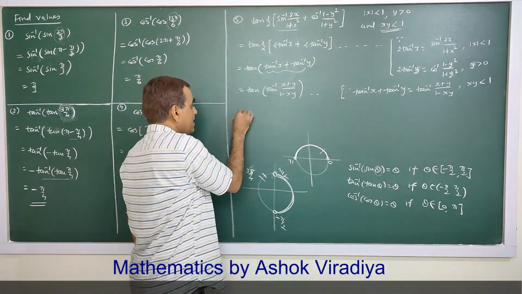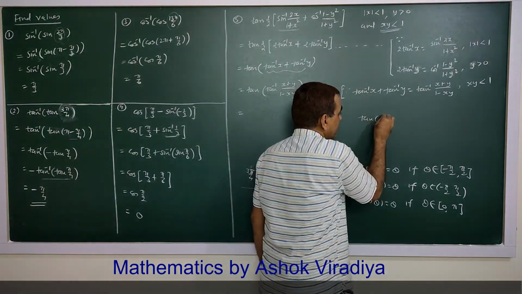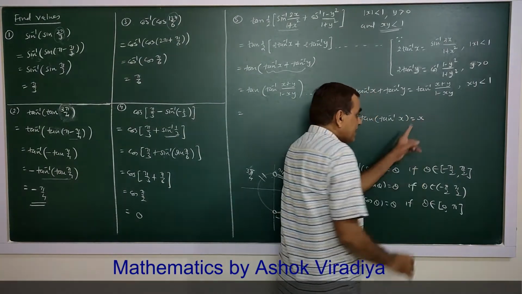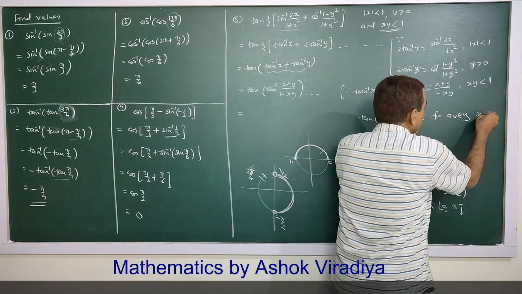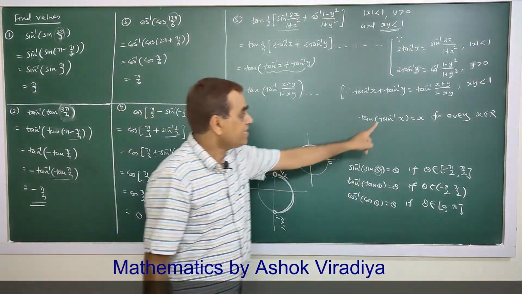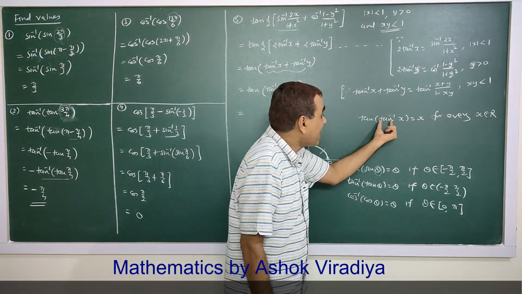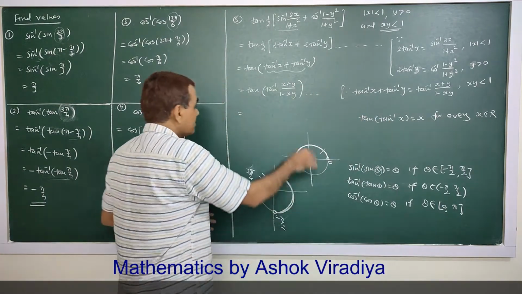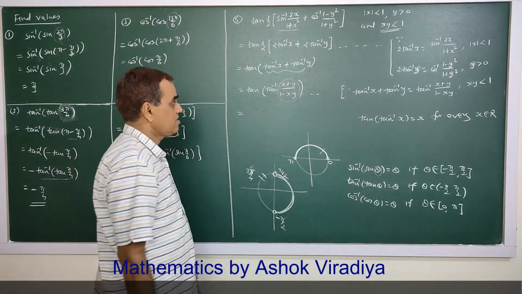Now we have one more result, that tan of tan inverse x equal to x for every x belonging to R. For every x belonging to R, tan of tan inverse x is x. The domain of tan inverse is R. So here this is any real number.